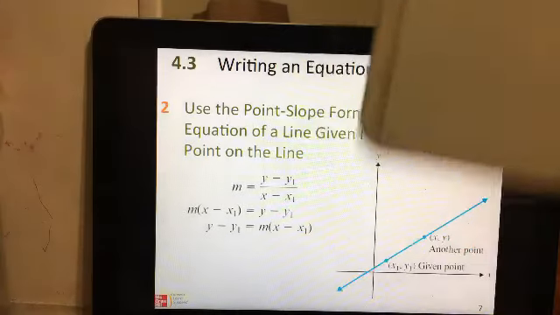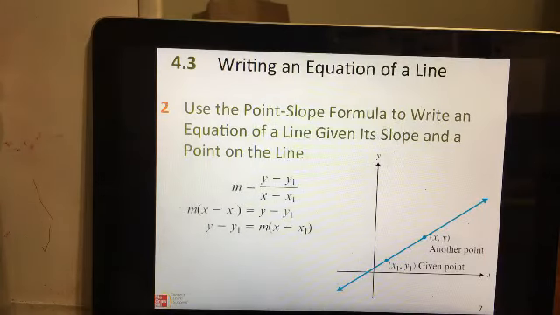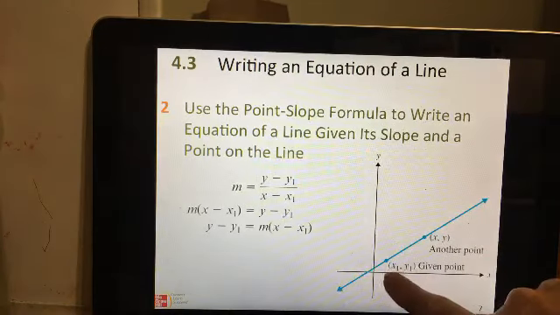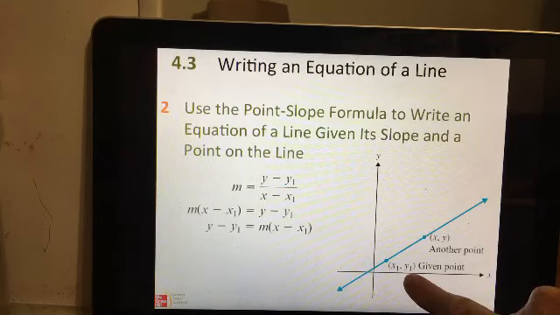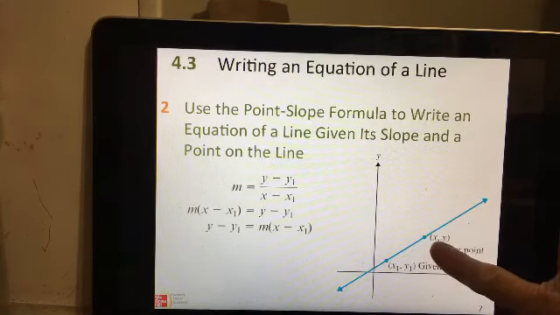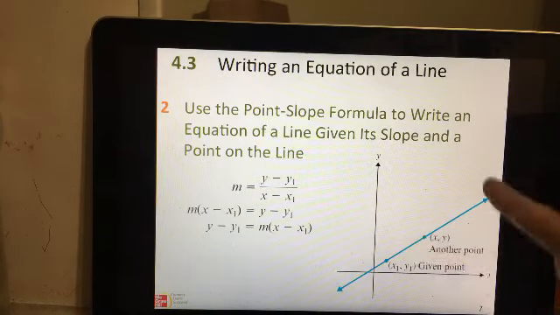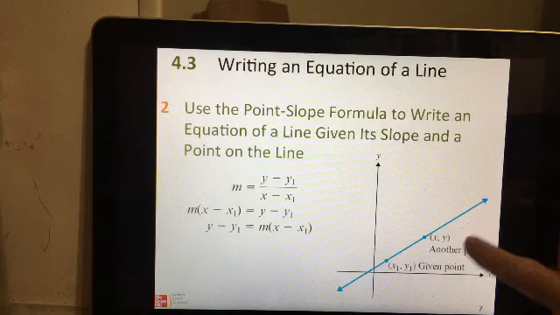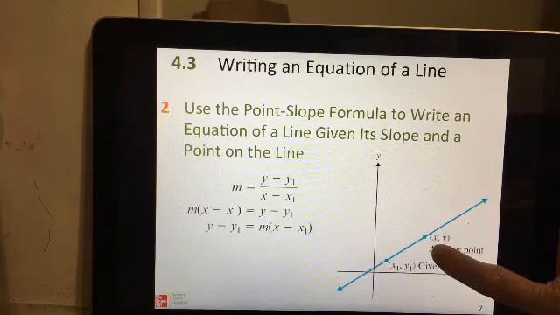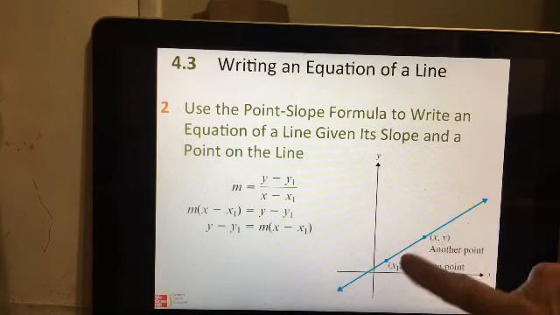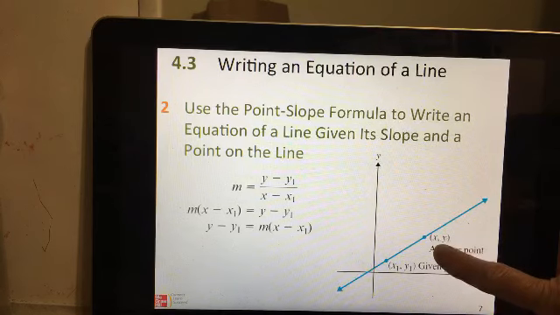All right, now look at the picture. Okay, here they're saying this is the given point, and this is some other point. Okay, it's another point on the line. It could be any point on the line, but it is going to solve the equation. It is on the line, but it's not a specific point that you are given.